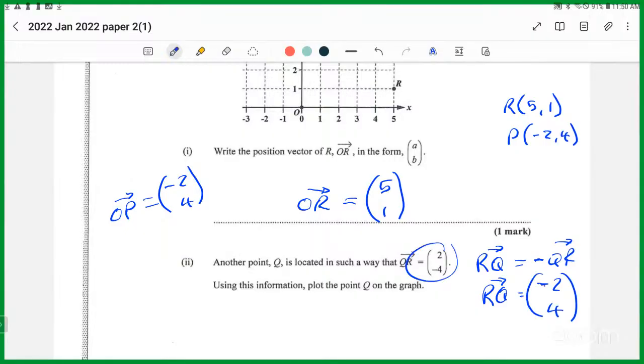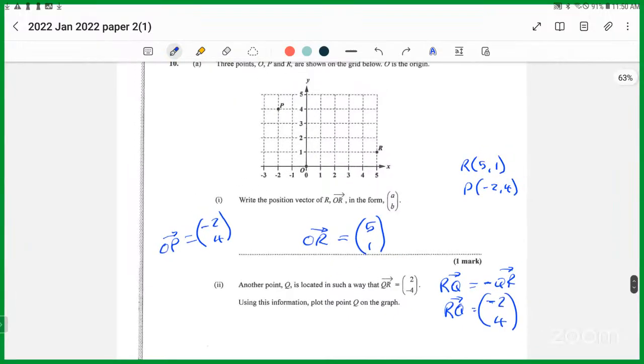The negative of this. If you go from Q to R, you go 2 to the right and 4 down. Then to go from R to Q, you go 2 to the left and 4 up. So we can construct this to find where Q is from R. I'm going to show you another way to do this question.